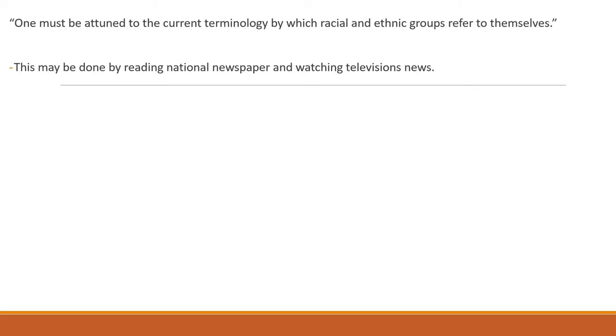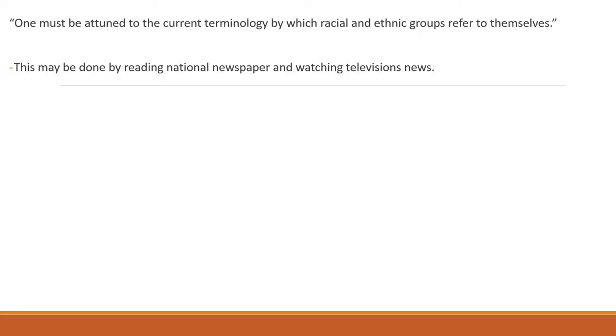It is because there are words which are applicable and sometimes not applicable in a certain place. How could we achieve that? It is through reading the national newspaper and watching television news. So why is it that we have to be aware of the current terminologies? It is because English words are actually evolving.